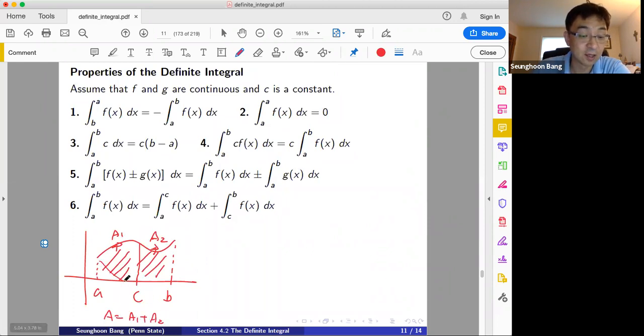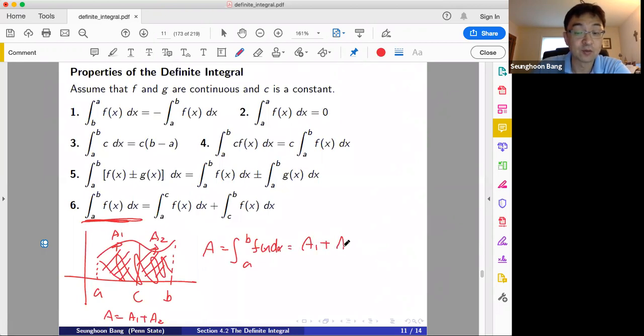What is A? A is A1 plus A2. What is A? This whole area. So A is the integral from a to b of f of x dx, which equals A1 plus A2. What's A1?